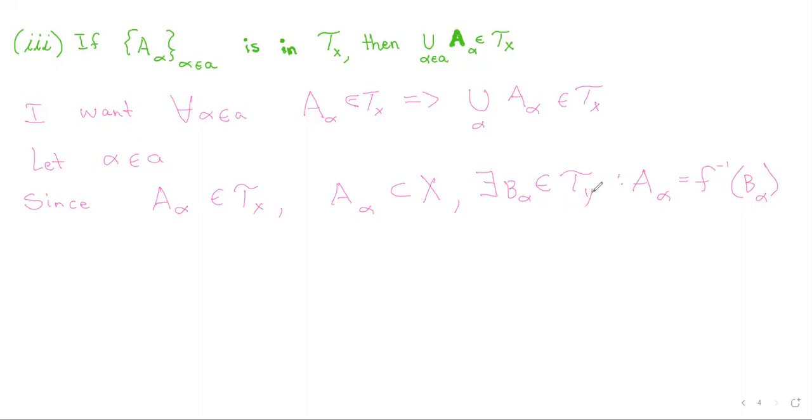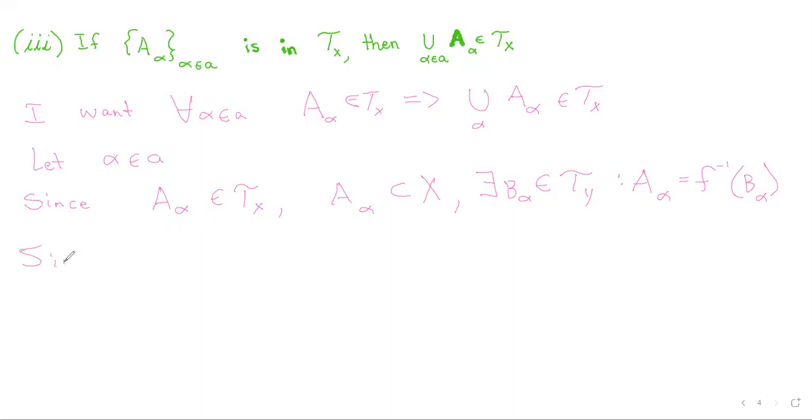If there's a B in tau Y, you'll get an A in tau X. I'm going to write one more so we can see.